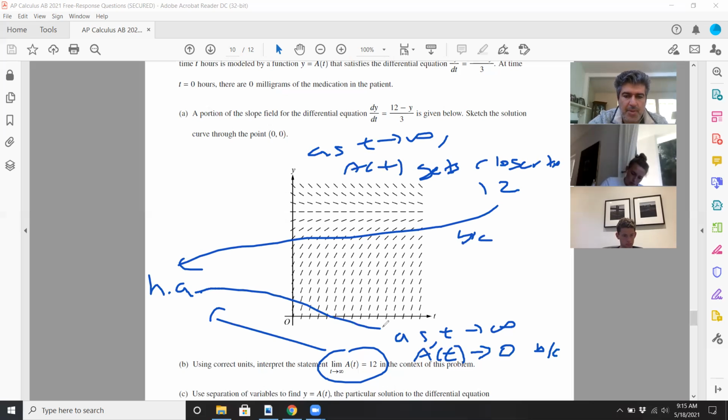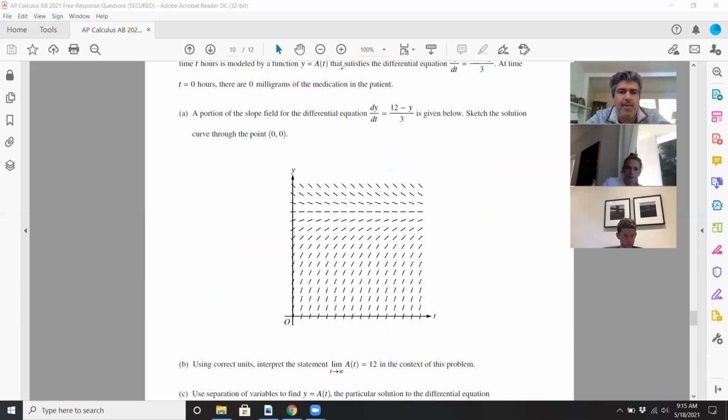And how do I know it's a horizontal asymptote? Because A prime is approaching 0 as t gets closer to infinity. Or A prime does equal 0, actually, at y equals 12, which would indicate you have a horizontal asymptote.